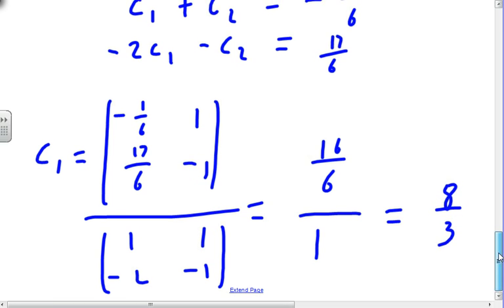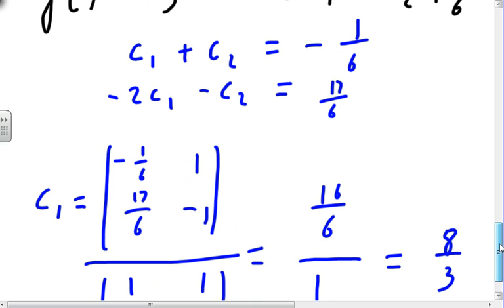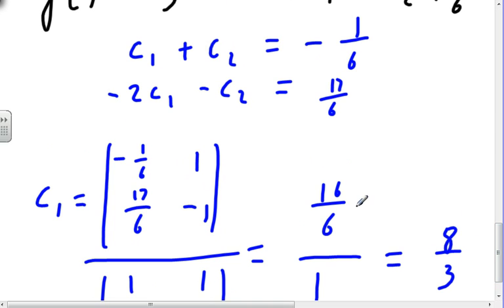8/3. So if C1 were 8/3, then C2 would have to be minus 17/3. Really? C2 would have to be minus 17/3. Highly unlikely, right?